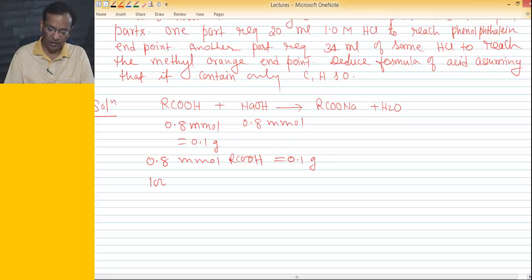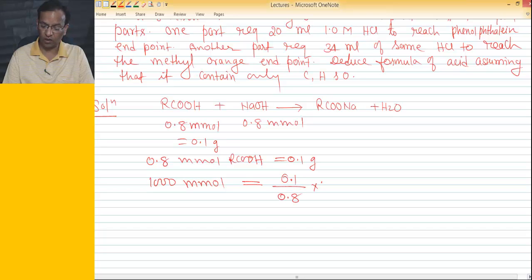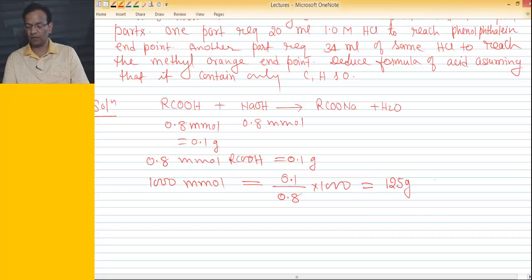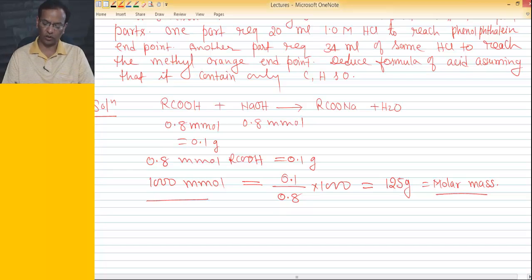So 1000 millimole, which is 1 mole, will be equal to 0.1 upon 0.8 into 1000, which is equal to 125 gram, and this will be the molar mass, since molar mass is the mass of 1 mole, 1000 millimole. So now we know the molar mass.